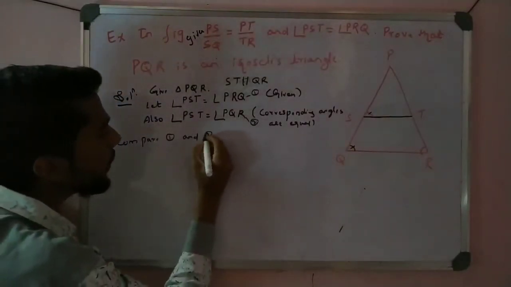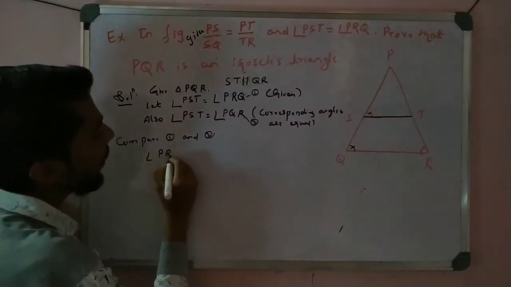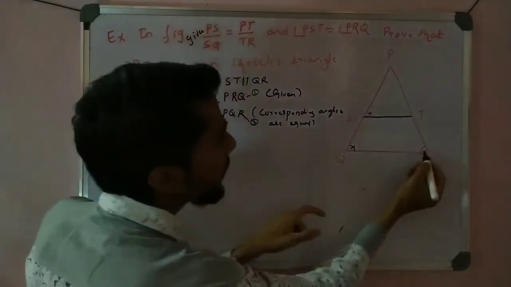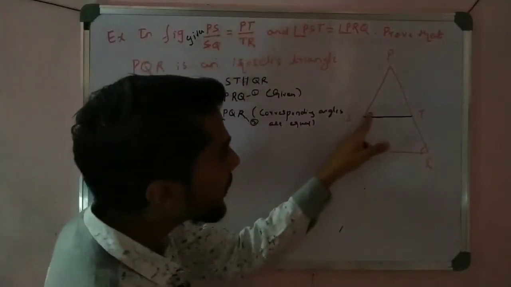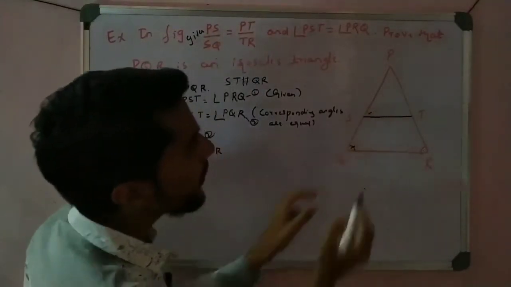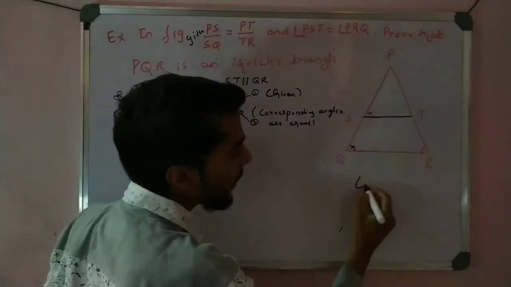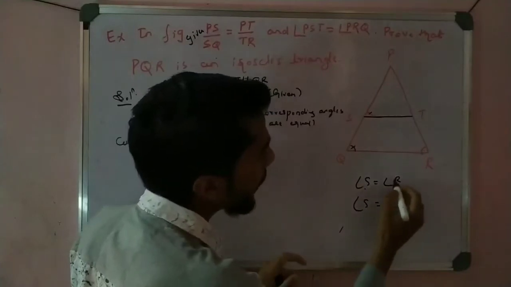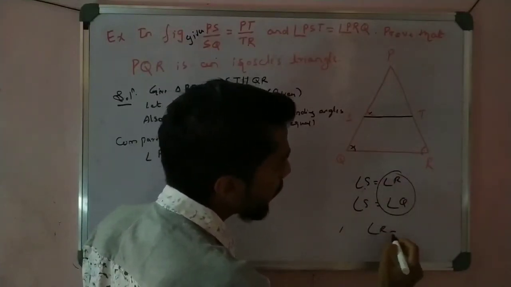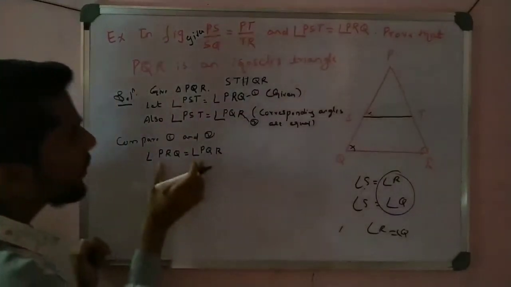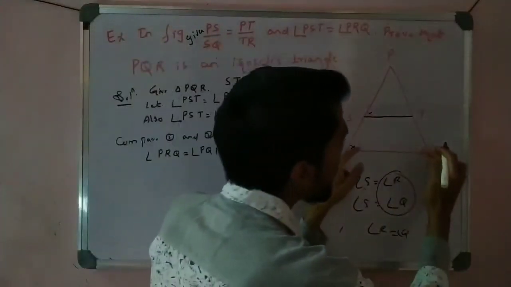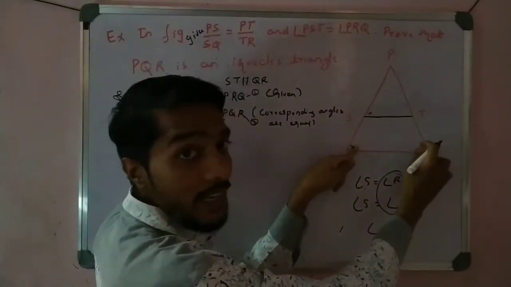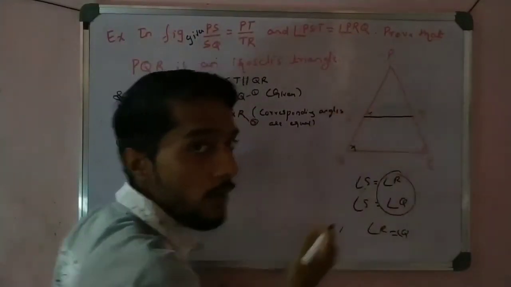What this means is that PRQ is also equal to PQR. This angle is equal to this angle. Angle S equals R, and angle S is also equal to Q, so R equals Q. If the base angles are equal, these sides are also equal, correct?